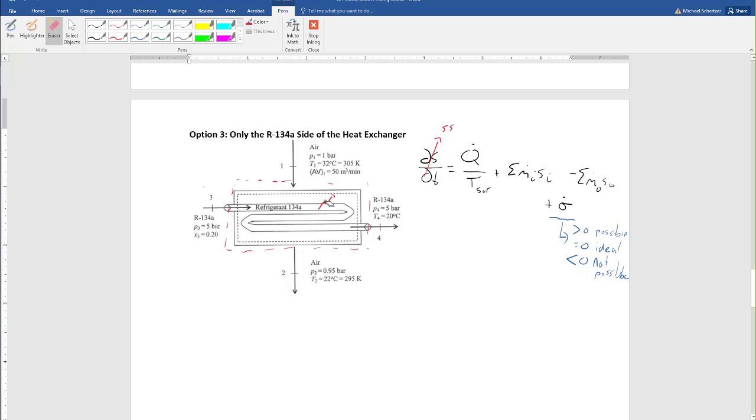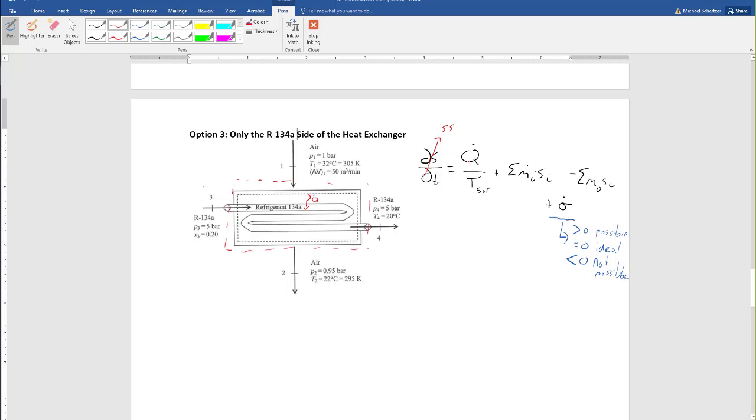I thought that the tube was the air. So we know that there's some heat going from the air to the refrigerant. When I draw my control volume around the whole system, that heat transfer doesn't cross the boundary of my system. So I'm saying that this is perfectly insulated.